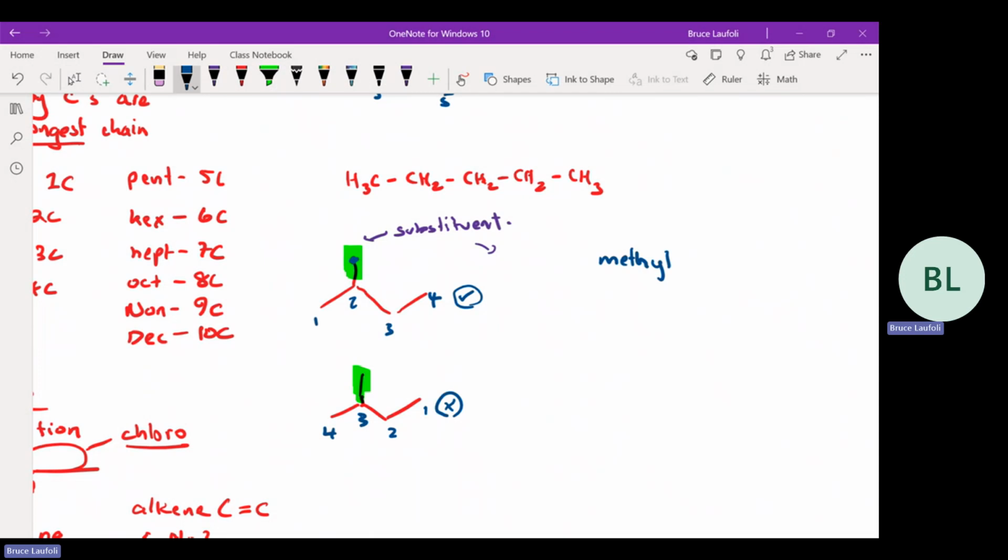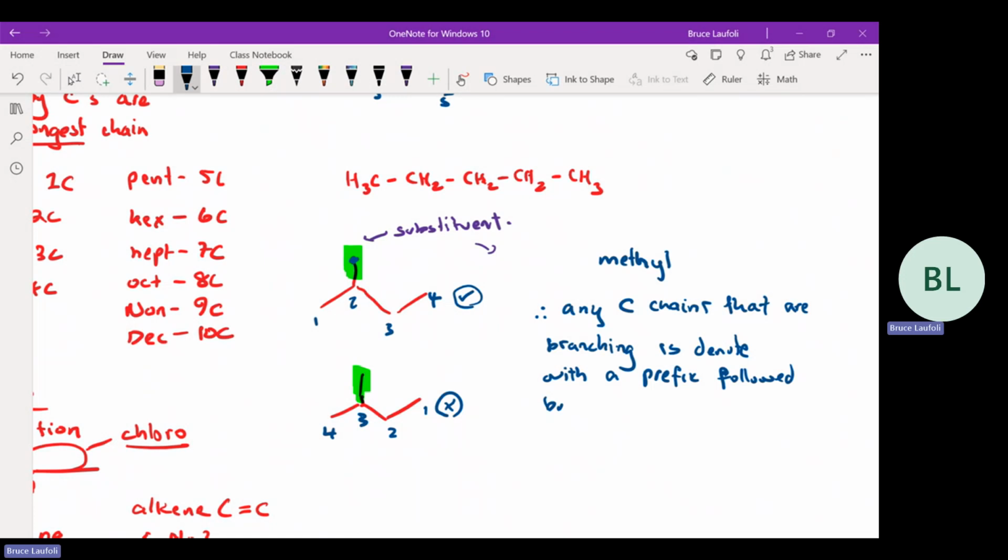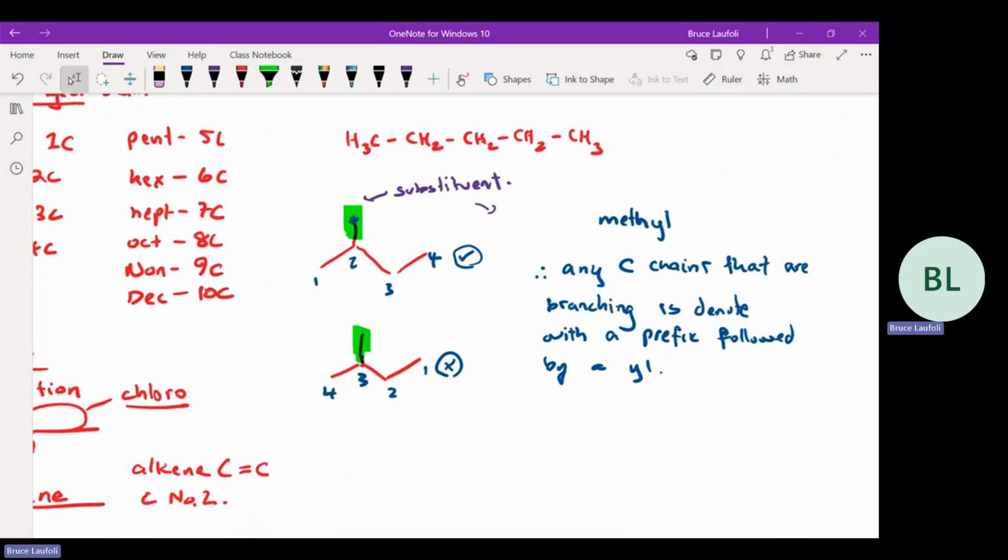So any carbon chains that are branching are denoted with a prefix followed by yl.